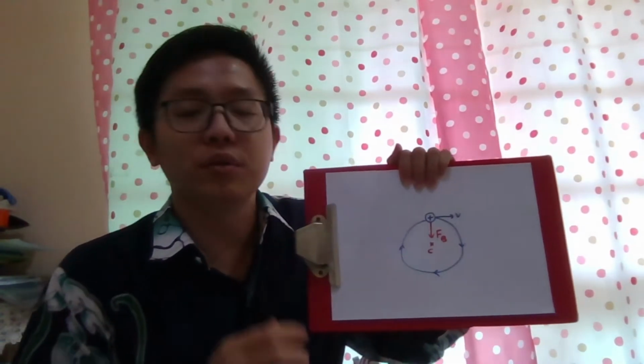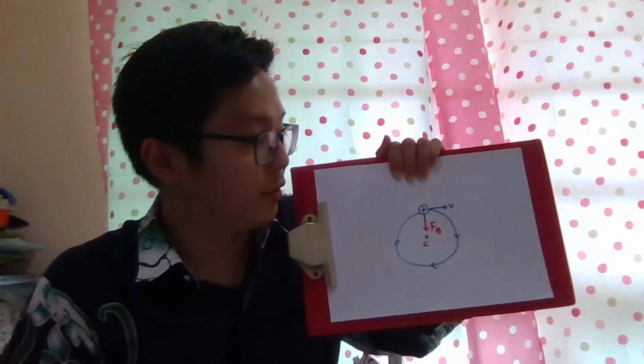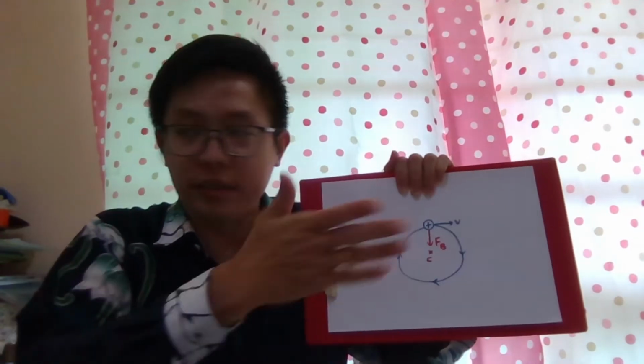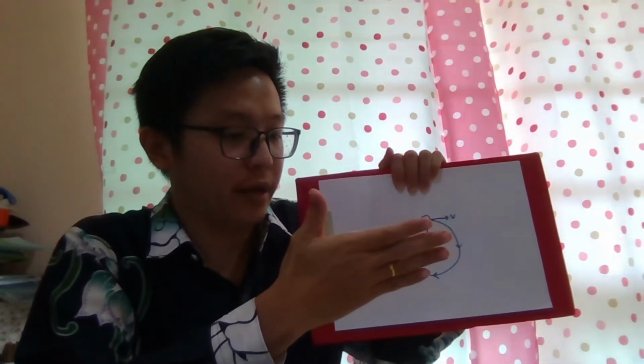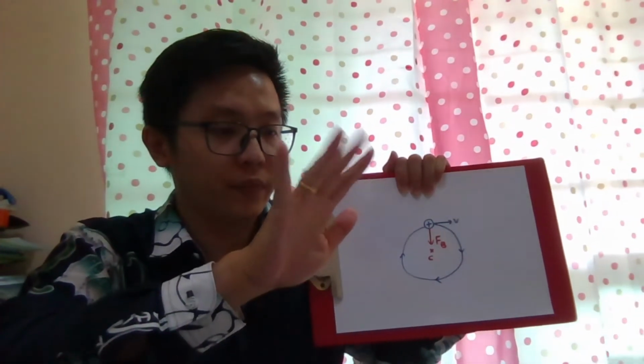Now use our right hand rule. This is my right hand. My finger is the velocity. My palm is the magnetic field, and my thumb is the magnetic force.